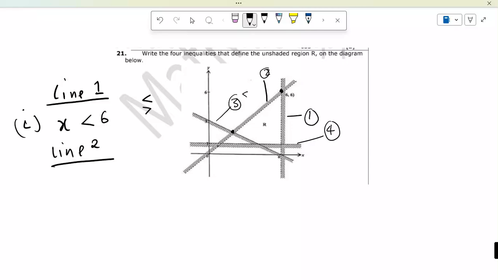For this one, we can't pick this point here because this is not defining R. Region R is here, this is R. So the points of interest are this one and this one. We can't pick a point here because it doesn't define R. So we have these points here and here. Okay, so we have 2 points.